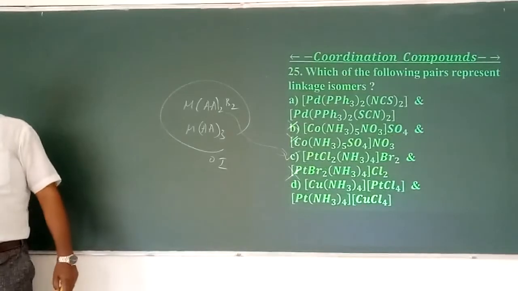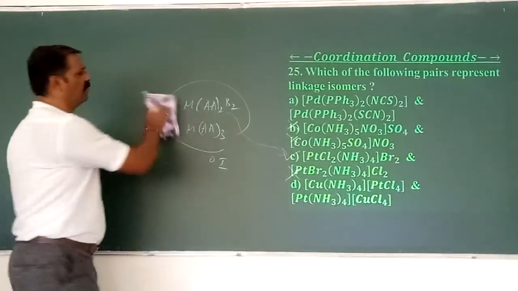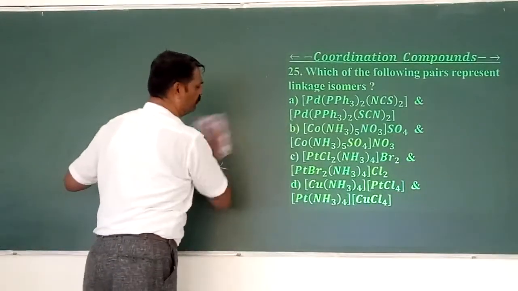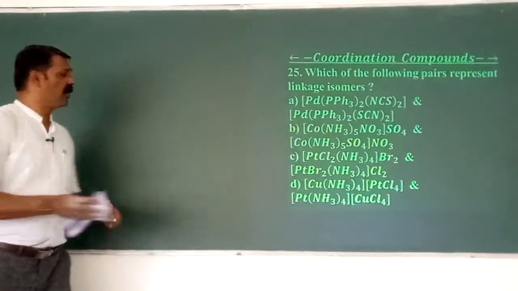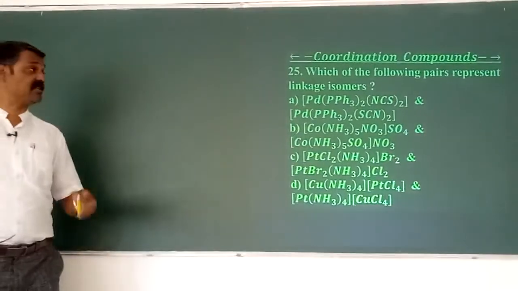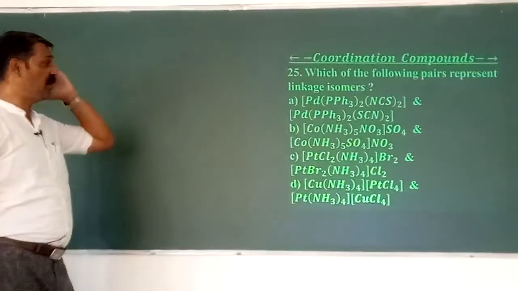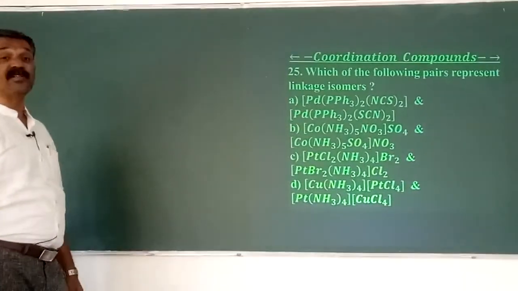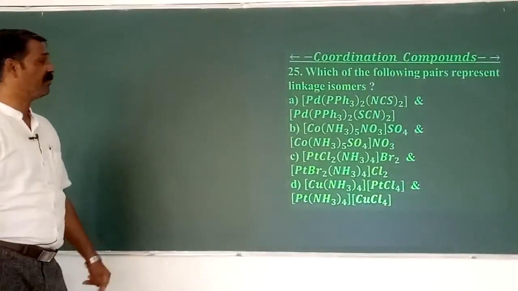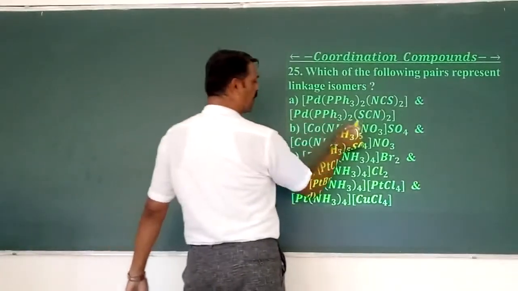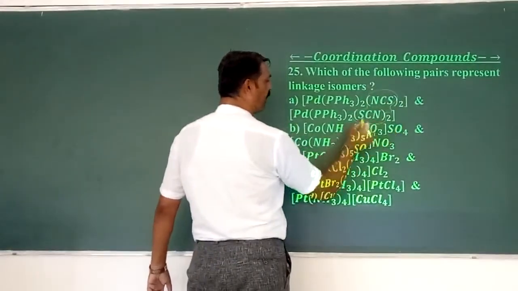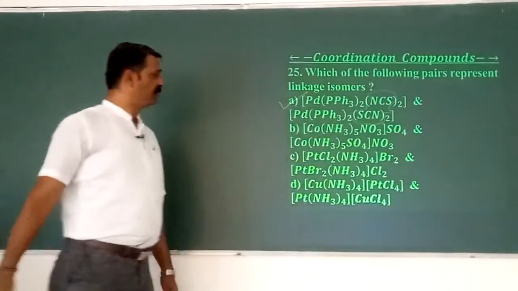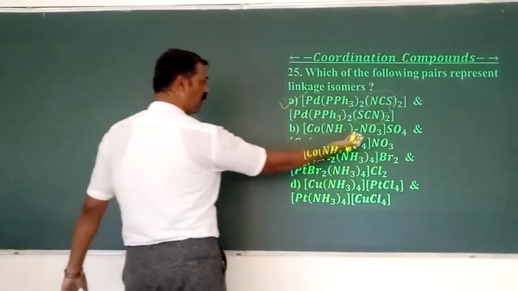Let's have the 25. Which of the following represents linkage isomers? Linkage isomers must have an ambidentate ligand. SCN and CN are ambidentate, therefore I think this is possible. NO3 is not.